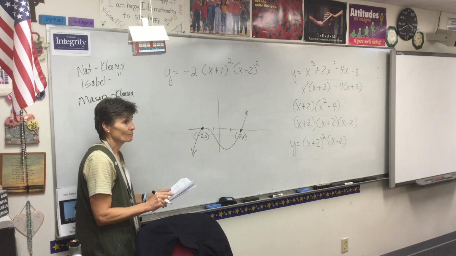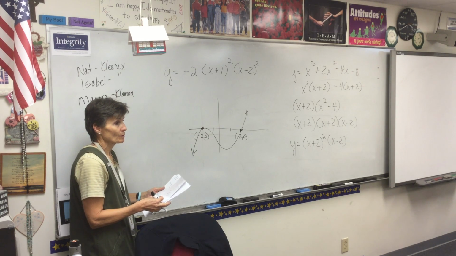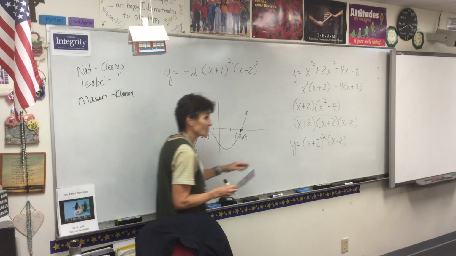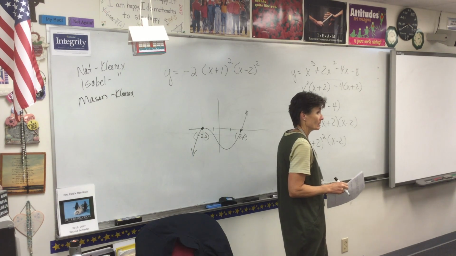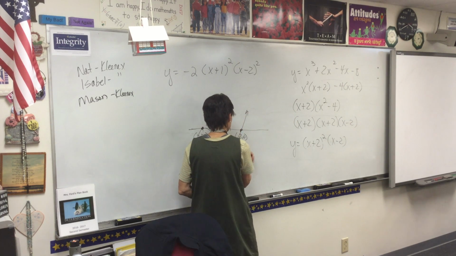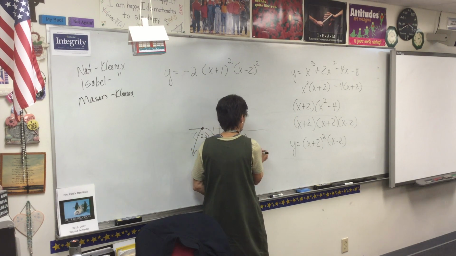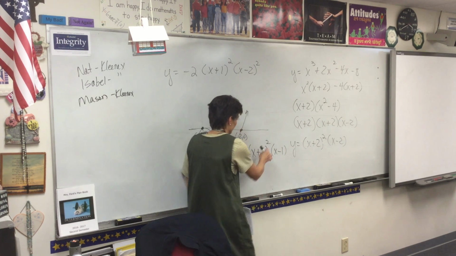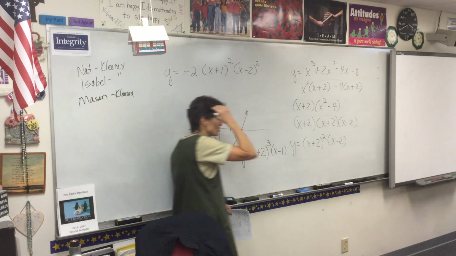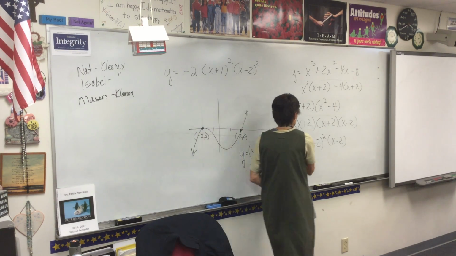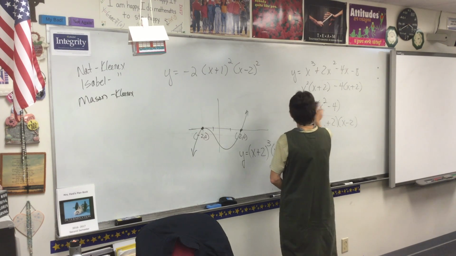Could you draw it as if it was x plus 2 cubed? So, that one is not x plus 2 cubed, but could you draw it as if it was? Like, what's the shape you want to see? If you factored something, and let's say it came out to be this, or it came out to be that, when you factored it, that shape would be a squiggle.